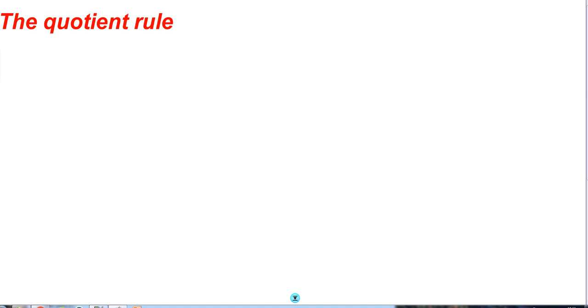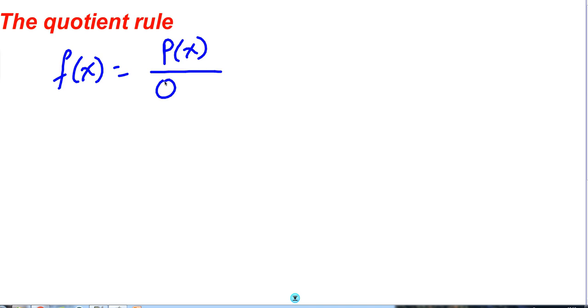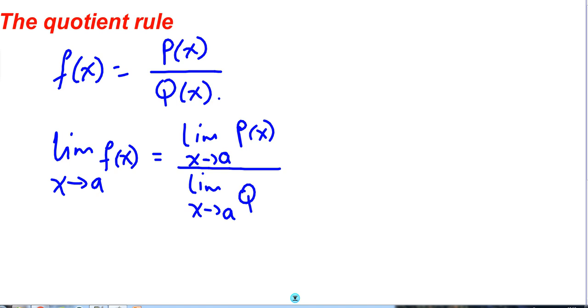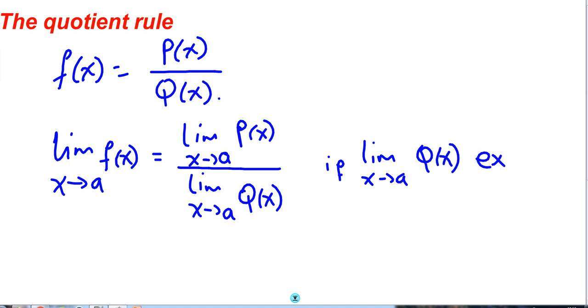If you have a quotient, let's say your function f of x is equal to some function p of x all over q of x, the quotient of two polynomials, then the limit as x approaches a of f of x is the same as the limit as x approaches a of p of x divided by the limit as x approaches a of q of x, if this limit exists.